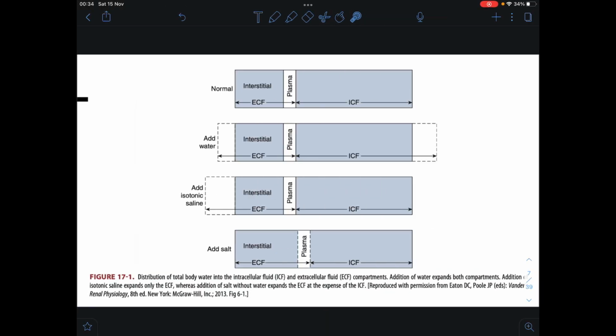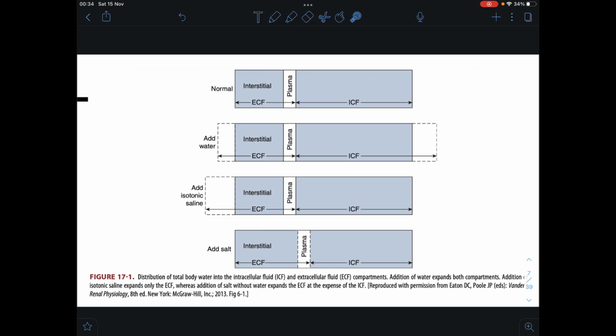Now, this diagram explains the idea. So this is your normal fluid compartments. If you were to add only free water, that would cause expansion of both the extracellular and the intracellular fluid compartments, because free water can pass through aquaporins into the intracellular compartment instantly.